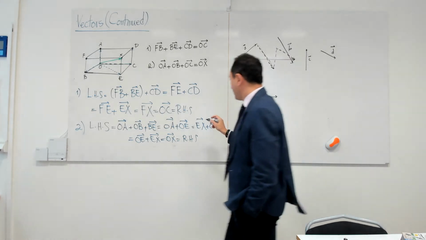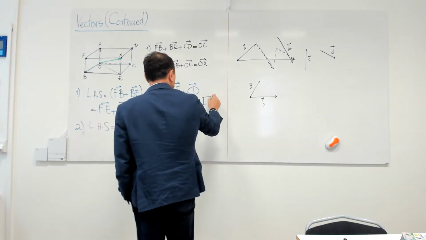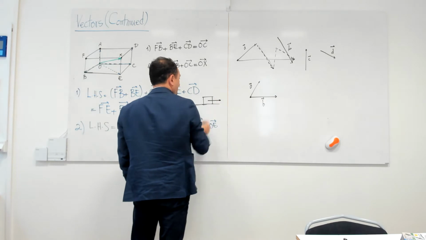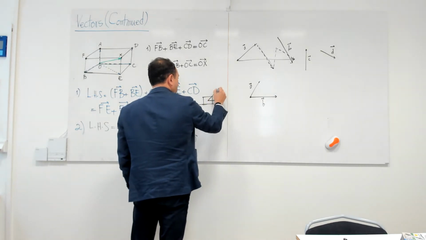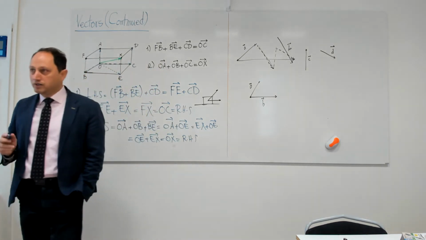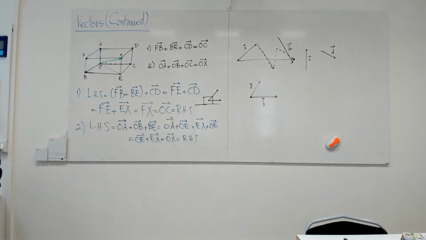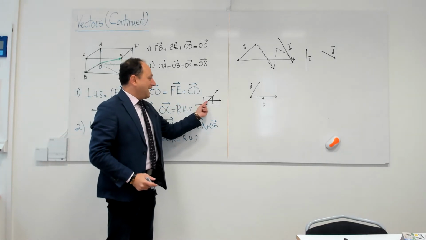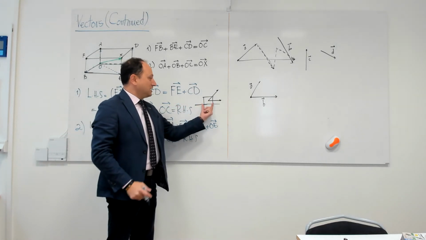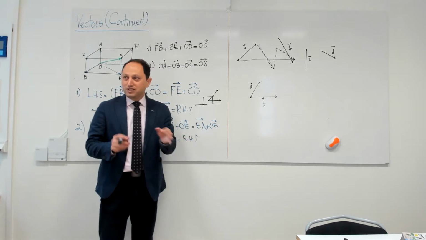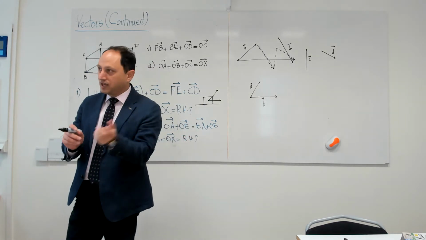For example, you have a box on a surface, and you are pulling it in this direction, and someone else is pulling it in this direction. These are the forces, and you want to see the resultant force: what is its magnitude and in which direction it is acting. Usually in physics the subject is the object we are studying, so the forces are acting at the same point. So vectors start from the same point, yes?